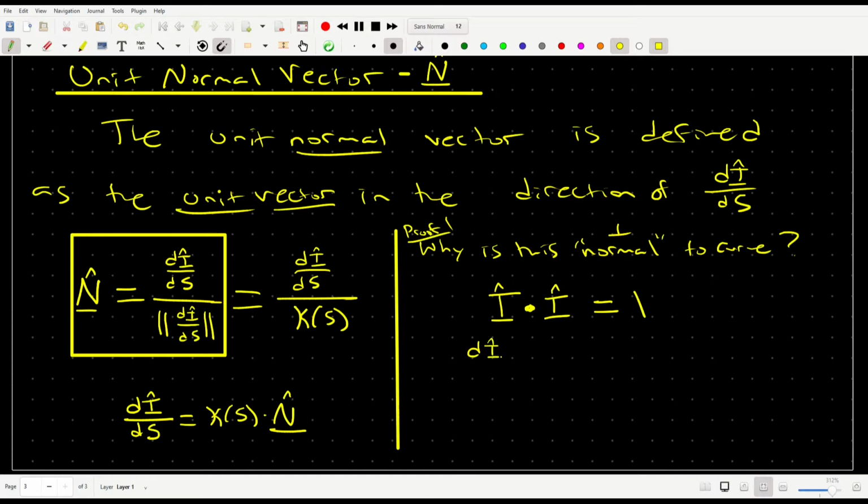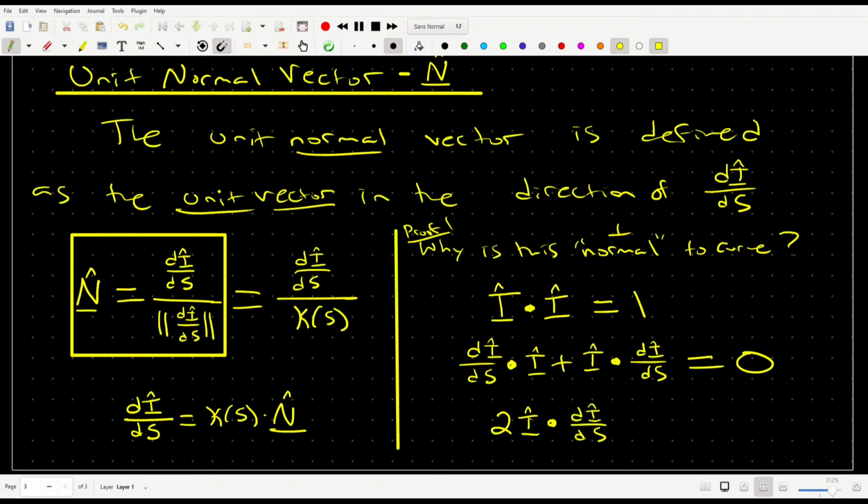We get dt hat ds dot product t hat plus t hat dot product dt hat ds on the left hand side, from the product rule for the dot product, has to be equal to 0, which gives us that 2 t hat dot dt hat ds has to be equal to 0, because the dot product order doesn't matter, it's commutative.